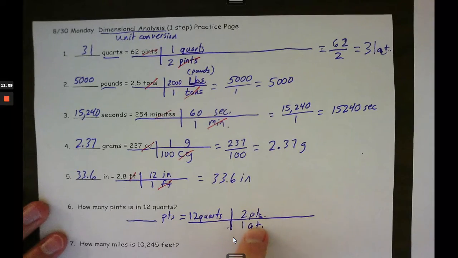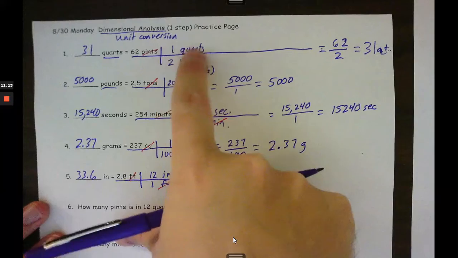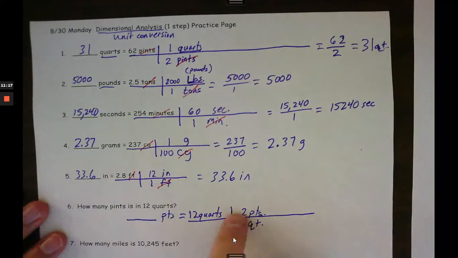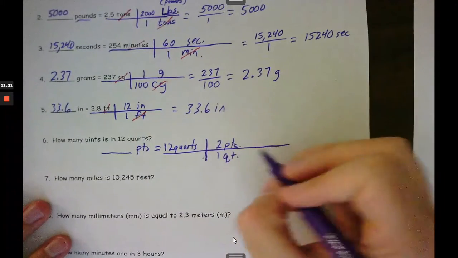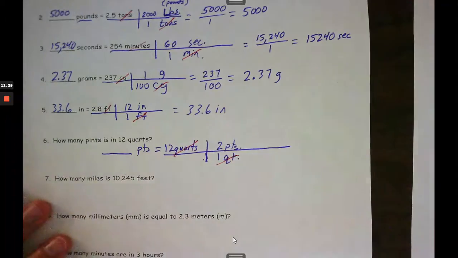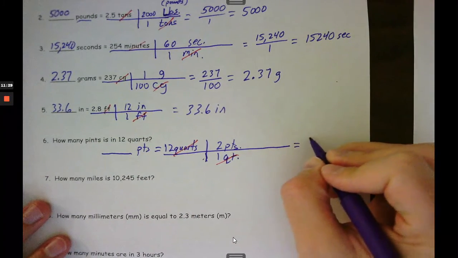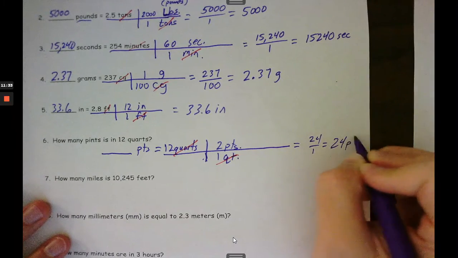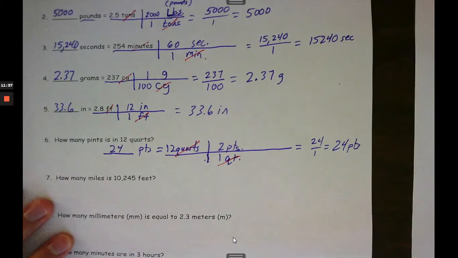But notice the 1 had to stay with the quarts because that number is stuck to that unit in this particular conversion. The 2 pints had to stay with the 2. Okay? And now quarts cancels with quarts. And I'm left with 2 times 12, which is 24 over 1, which is 24 pints. So in 12 quarts, there are 24 pints.